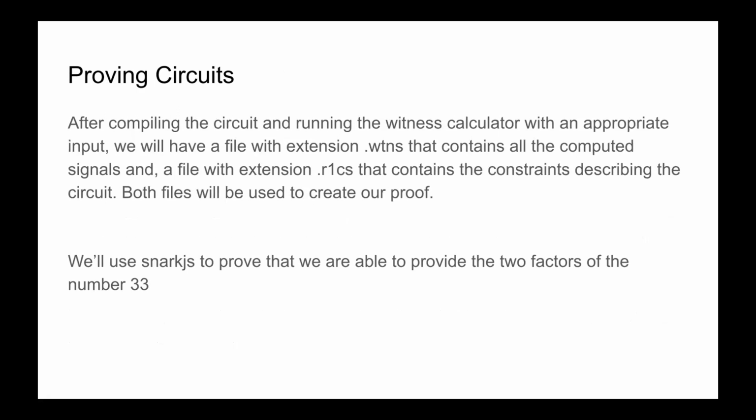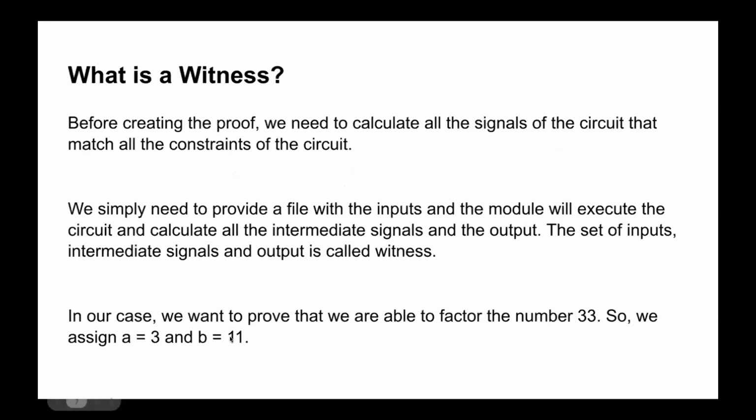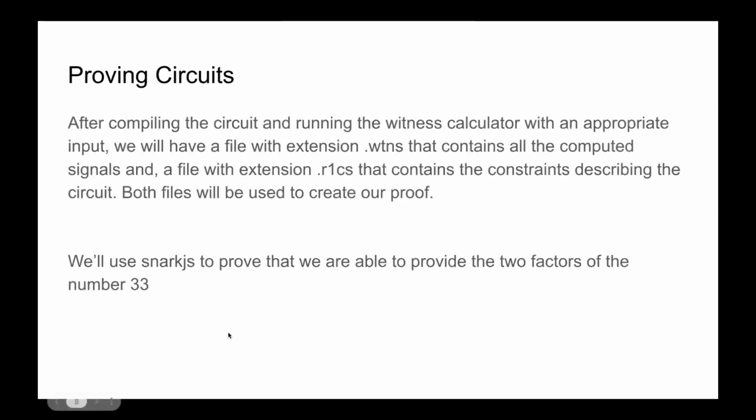These are the two important inputs that will help us generate our proof. So we are simply going to use SnarkJS to prove that we can provide these two factors for the number 33. We won't be revealing what A and B are, but we know that we are able to come to 33 in whichever way we can.